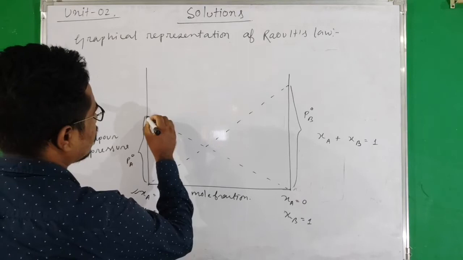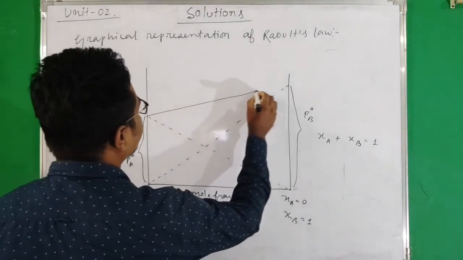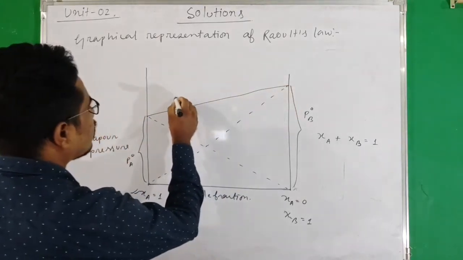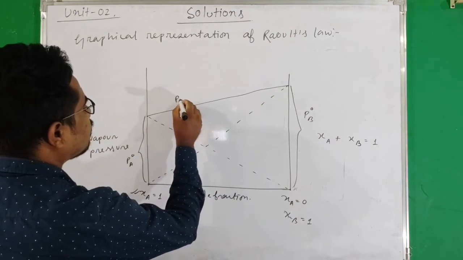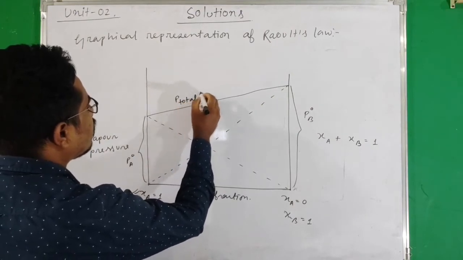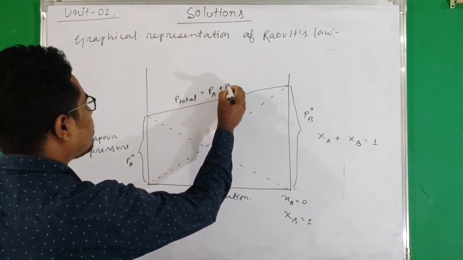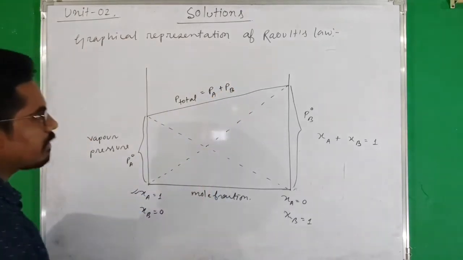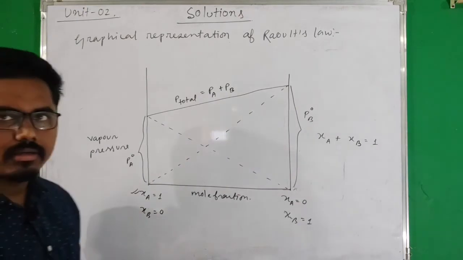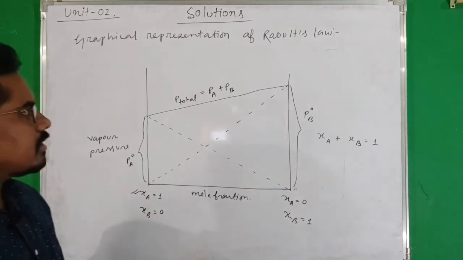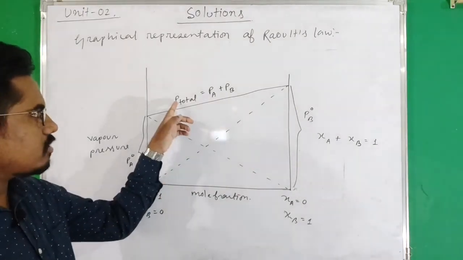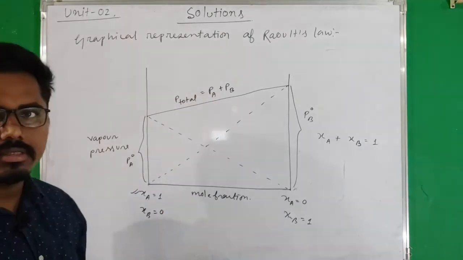Okay, and then when we connect these two points, this straight line will give the total vapor pressure, that is PA plus PB, and according to Dalton's law of partial pressure, which you already studied in class 11, the total pressure is always equal to the sum of partial pressures.